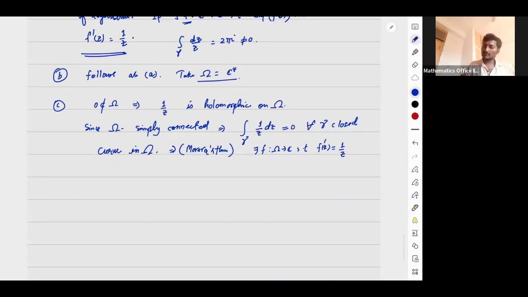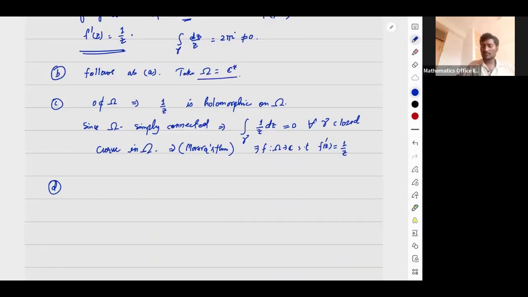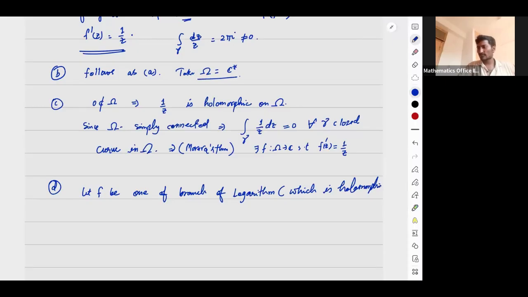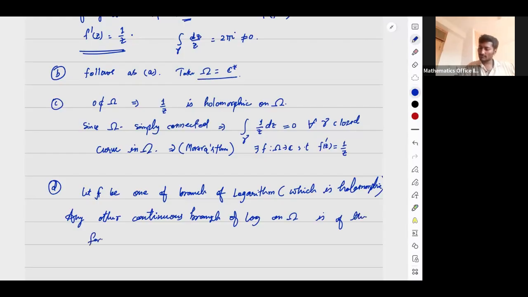What we have seen for the D part is that once f is one of the branches of logarithm, which is holomorphic, any other continuous branch of log on omega is of the form f plus or minus 2 k pi i, something like that.